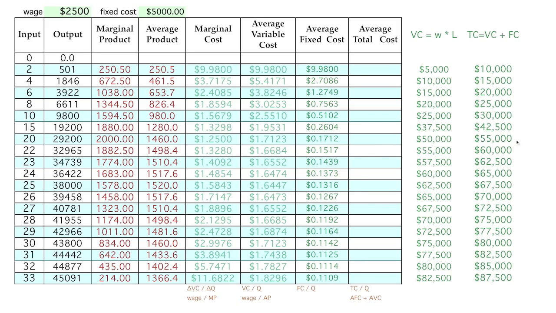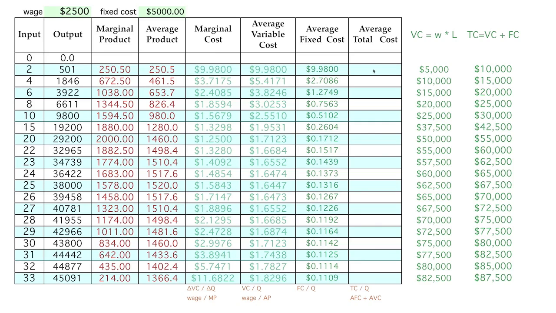I've gone ahead and filled in all those total cost numbers for you just for reference. Now, you don't have to do this, but if you have not already filled in the marginal product, the average product, the marginal cost, and the average variable cost, this might be an easier way to find the average total cost.